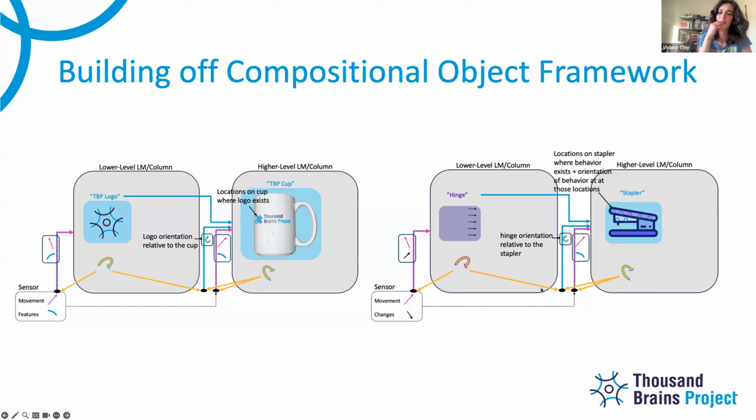What about if we were in a second and third level in the hierarchy? In the second level, you definitely have a behavior model. Wouldn't you be able to assign that ID of the behavior to a location in the third level in the hierarchy? So imagine the stapler has a behavior model, which is not shown here.